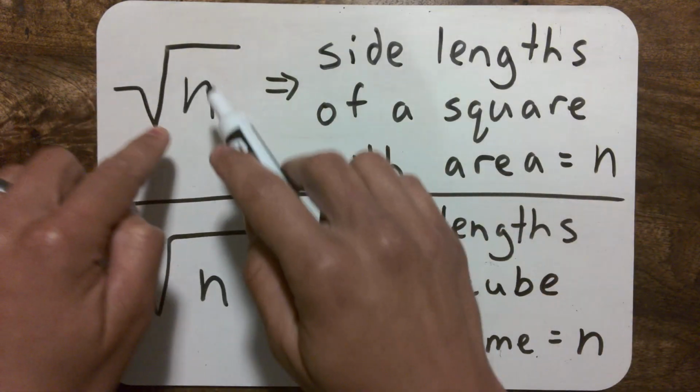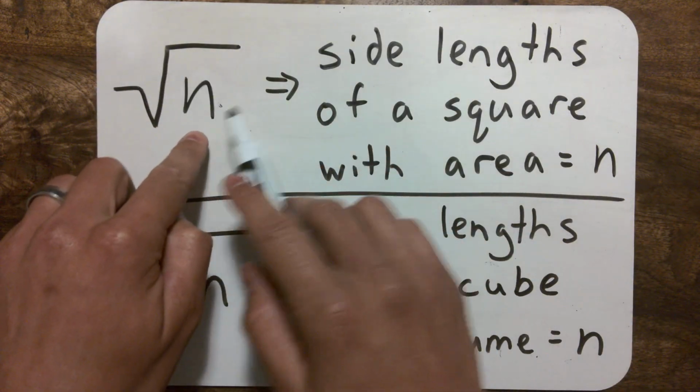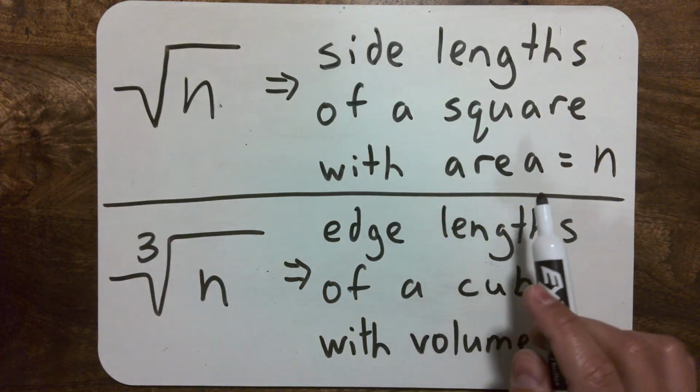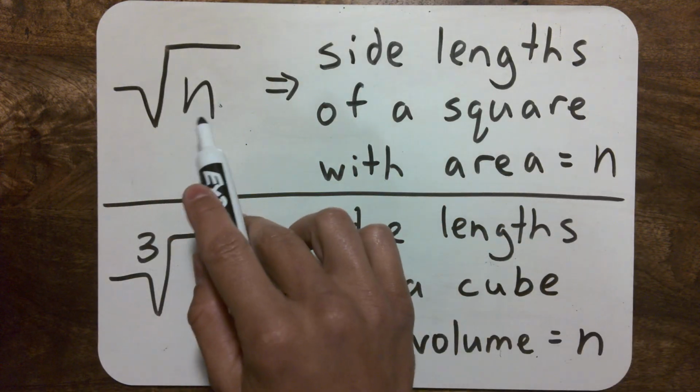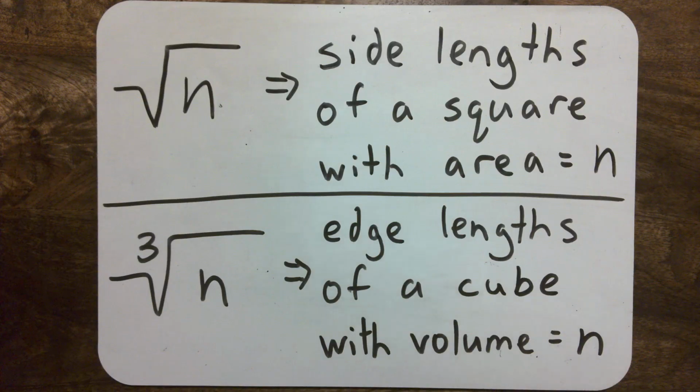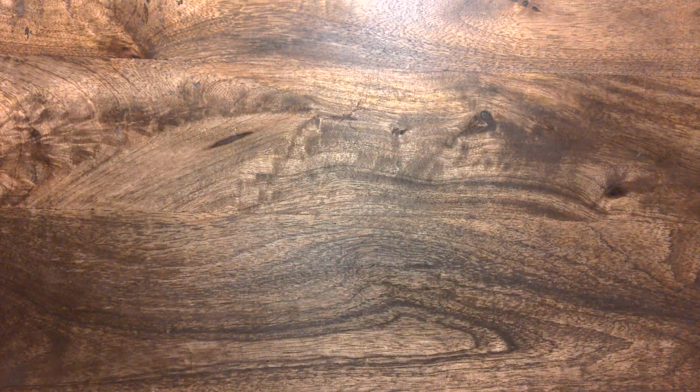What this is telling us is we're looking for the side lengths of a square where the area is equal to that n number. And similarly for the cube root of n, we're looking for the edge lengths of a cube where the volume is equal to n. Okay. So we'll just look at a couple examples here in that geometry model.